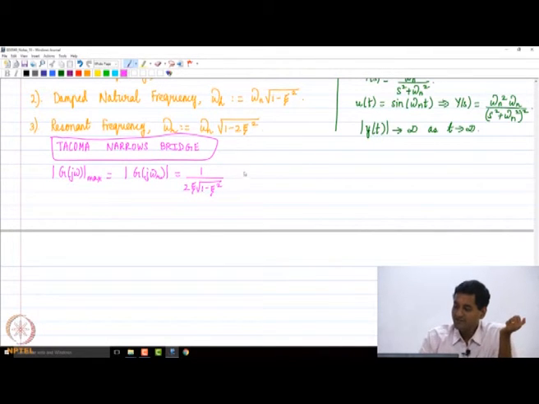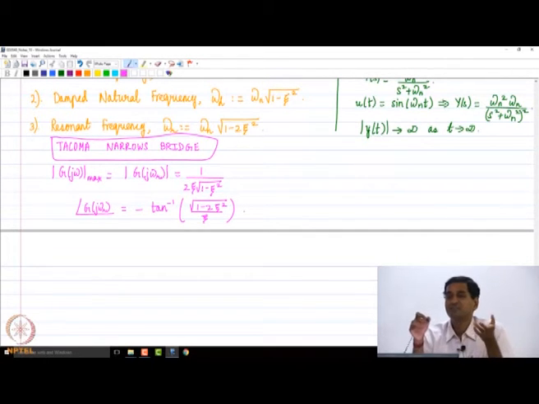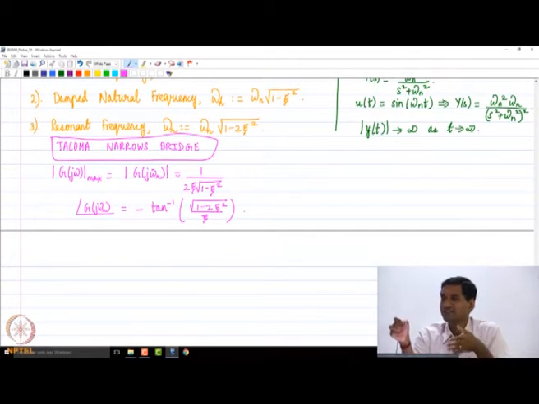The phase of g of j omega at omega equals omega r, if you substitute in the equation for the phase, you will get minus tan inverse of square root of 1 minus 2 zeta squared divided by zeta. Immediately you see that the maximum magnitude and the phase at the resonant frequency depend only on the damping ratio zeta. Just substitute, it is very straightforward, and figure it out.